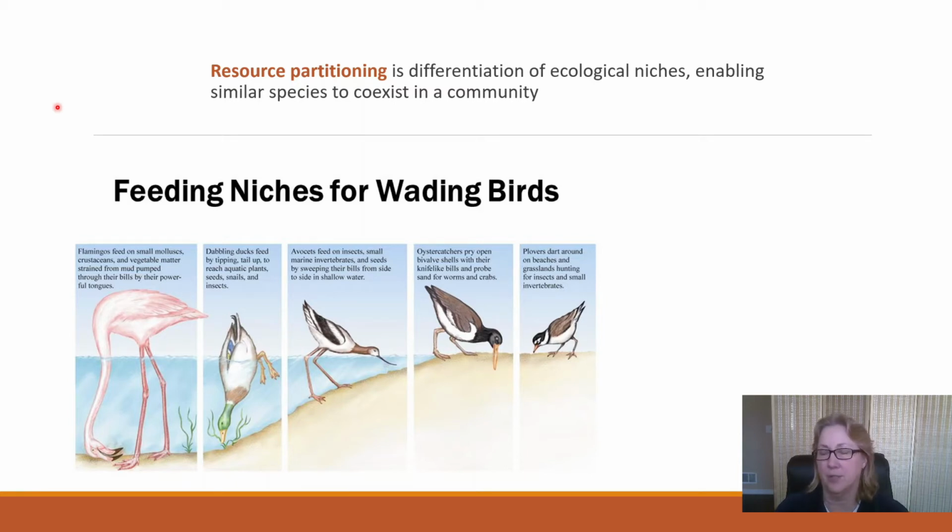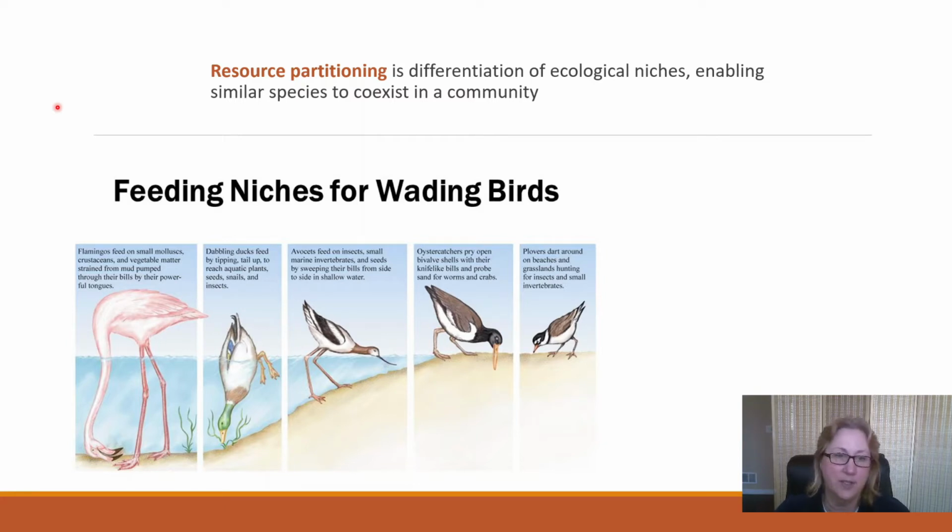Because remember Gause's principle that if two different species are occupying the same ecological niche, one will lose. So during the course of natural selection, species have evolved to take advantage of different niches so that in one ecosystem you don't have direct species-to-species competition because of resource partitioning.